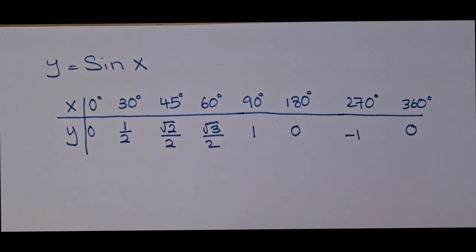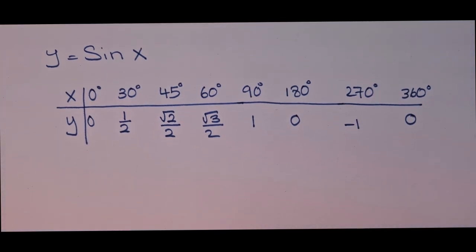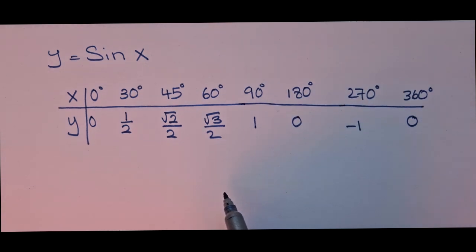So if you can find the shape in one period, then you can keep on repeating it and get the whole shape from negative infinity to positive infinity. So now you have the shapes, you have the points. Okay, let's put it in the graph.